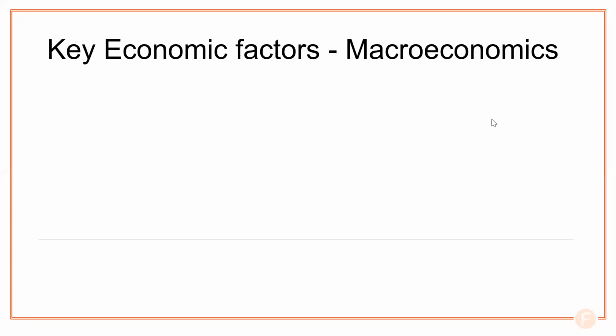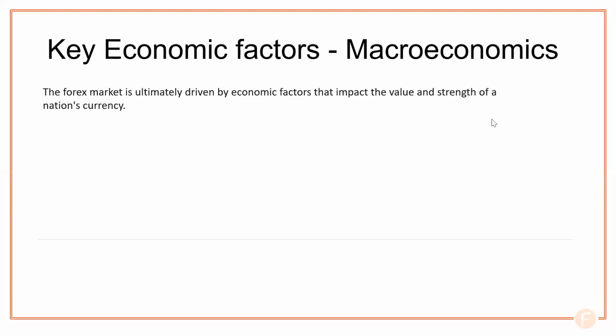Now, what are the key economic factors? Some of you might hear economics and macroeconomics and get a little bit put off, but all it means is: what are the key indicators in terms of reporting, in terms of what's happening in the world, that will impact our trading and you and I every day.